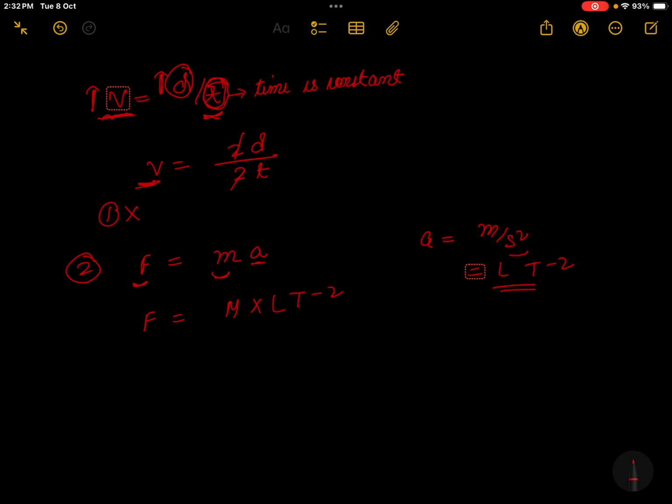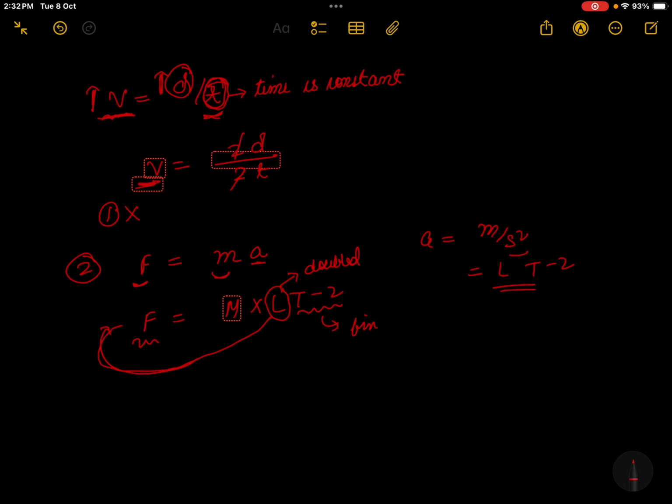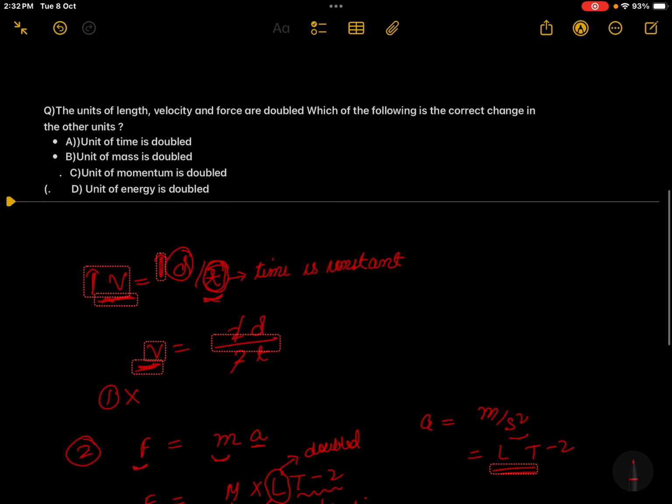We have already known that the length is doubled, and we have already proved that the time is fixed, and it is also given that the force is doubled. It means after doubling the length, the force gets double. Length is double, that is why the force is double. It means the mass is also constant. So the mass is not double.